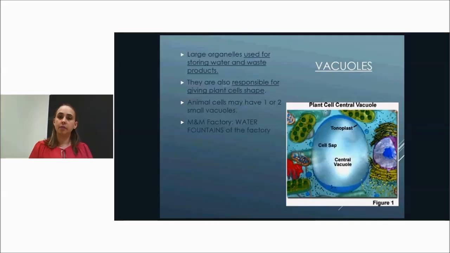If you can think of a plant that has been watered and is fresh and how it stands nice and tall, and compare that to a plant if you have not watered it for a couple days and it's starting to wilt, it will kind of droop and fall over. And that's because those vacuoles are no longer full of water, keeping everything structurally sound. So in the M&M factory, the vacuoles would be the water fountain of the factory.